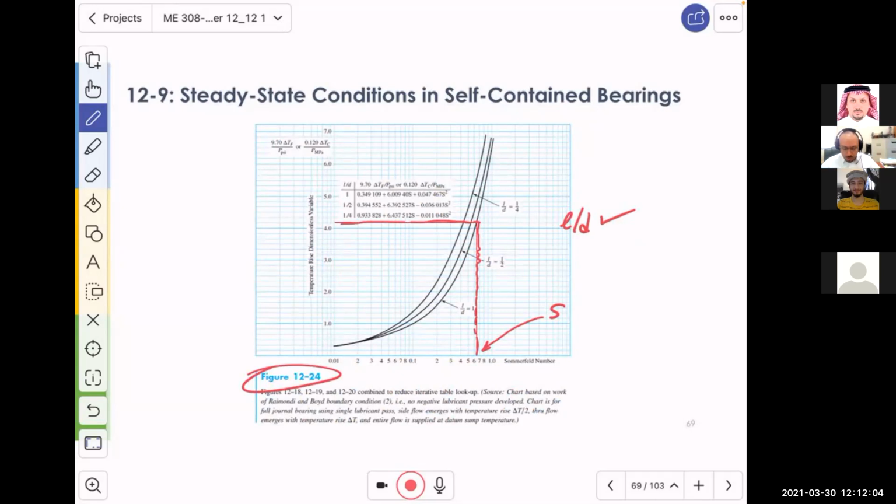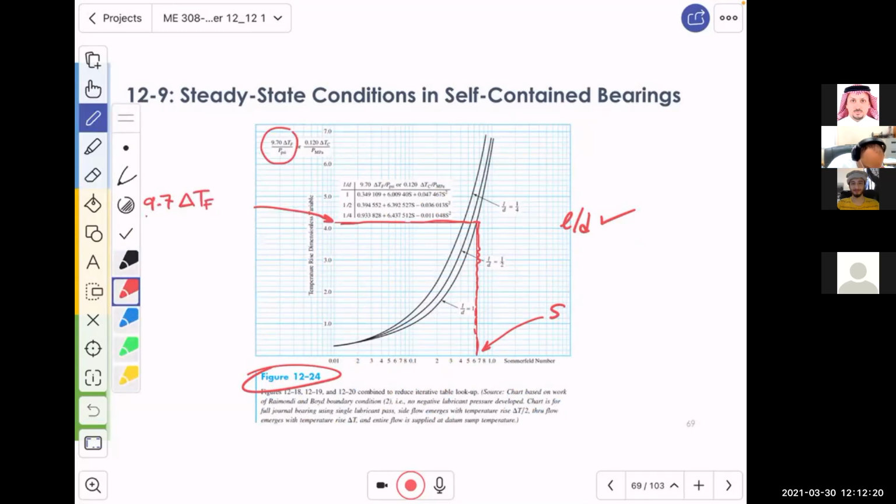What is this variable in PSI? It is this. So this value over here is 9.7 multiplied by delta TF divided by PSI.